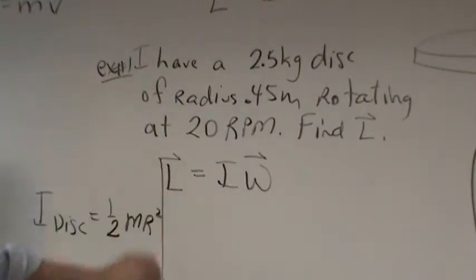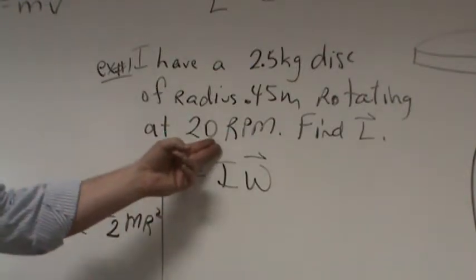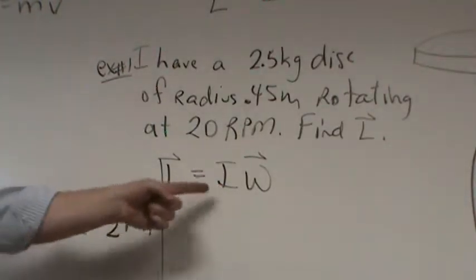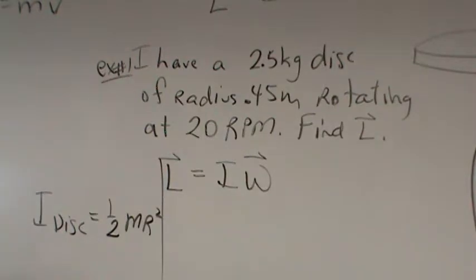Make sure you plug that in for I. And then omega, I think you're going to find more often than not that when we deal with torque, angular momentum, rotational kinetic energy, you're just better off converting everything into radians per second. So go ahead and convert that guy to radians per second as well. So you're going to have to plug in to find I, and you're going to have to convert that guy to radians per second. Please do this now.